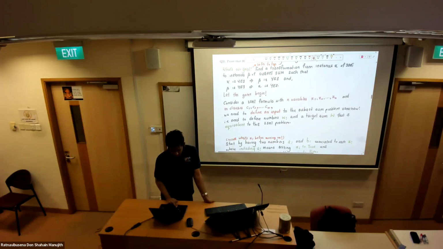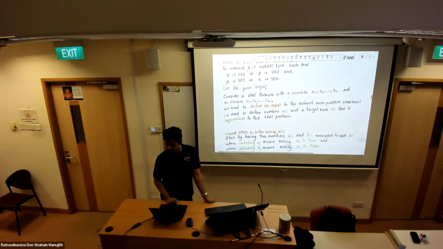For each xi, we start by defining two numbers for it, ai and bi. Why do I define two numbers? Because if I include ai, this means I set xi to true, and if I include bi, this means I set xi to false.